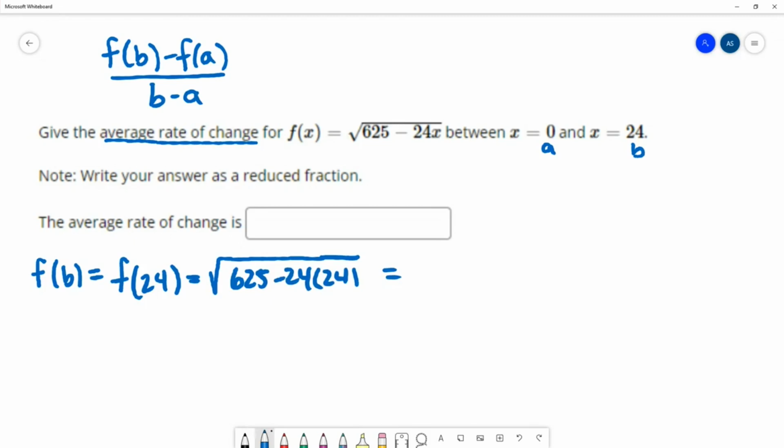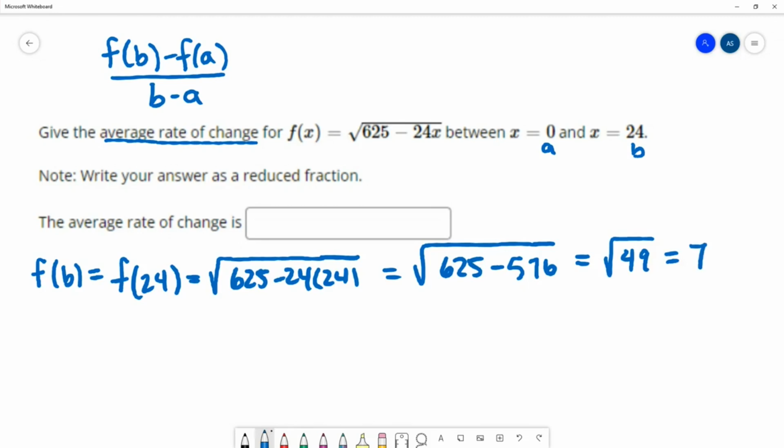And we get the square root of 625 minus 24 times 24, which is 576. And 625 minus 576 is 49. So we have the square root of 49, which is 7. We need to calculate f of a.